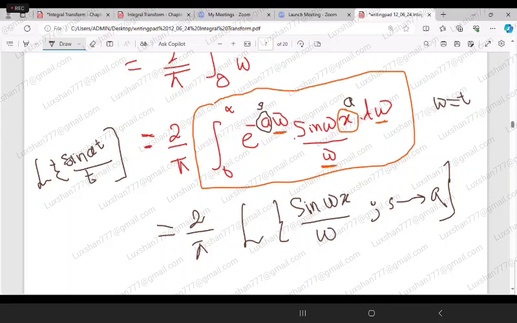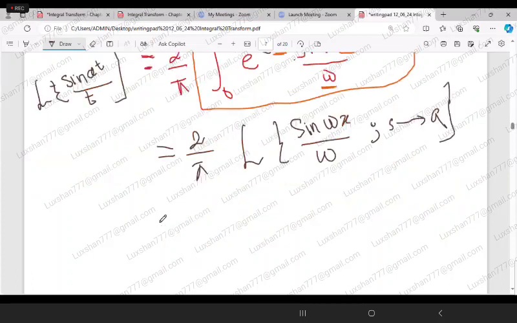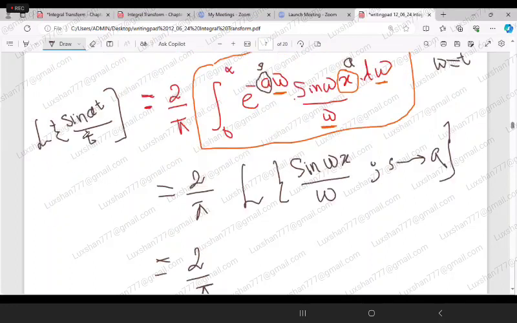That is dividing by t. So can you tell me what is this one? What is the Laplace transform of this one, sine at over t? Can anybody tell me? Can you tell me what is the Laplace transform of sine at over t?